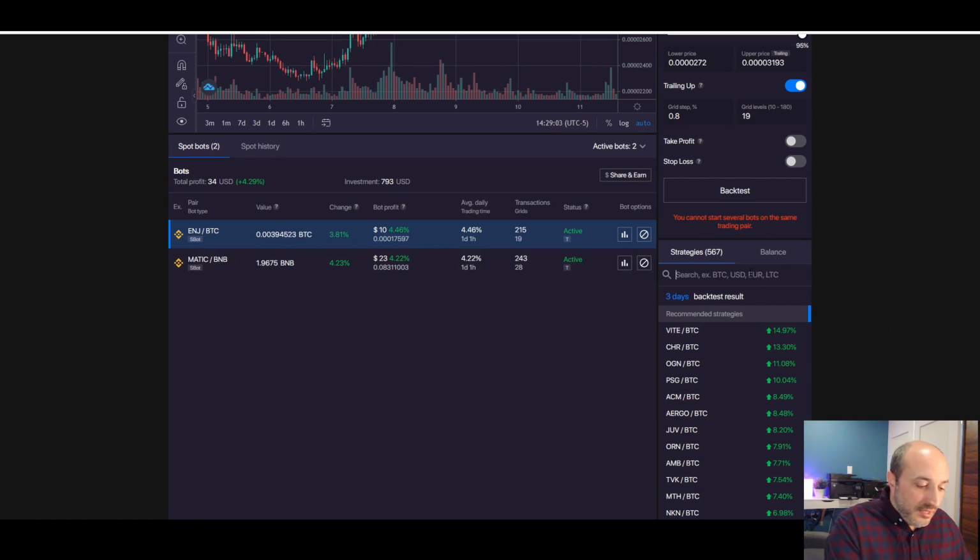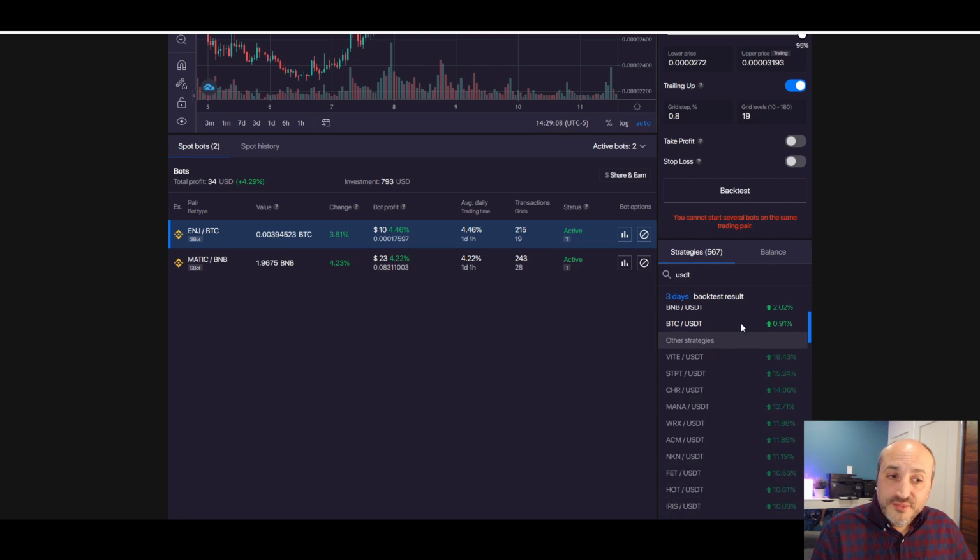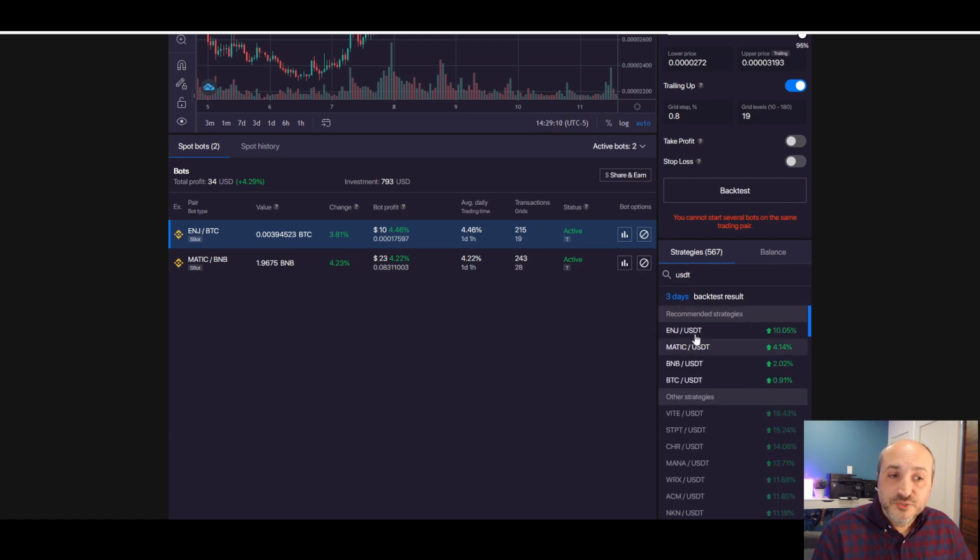So type here USDT. So all the recommended ones that had good performance in the last 3 days will show up right here. So we have ENJ, Matic, BNB, and BTC, which were performing very well in the last 3 days. Let's look at the USDT and BNB. It performed 2% in the last 2 days.